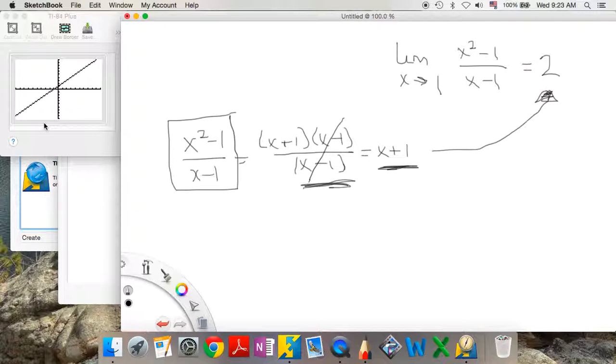Now, on page 58 in your book, there are a whole bunch of properties that you need to look over and read over and make sure you know. The multiplication by a constant, there's sum and difference, product rules, quotient rules, power rules, all those things you need to know, because limits, it's a different way of doing things.